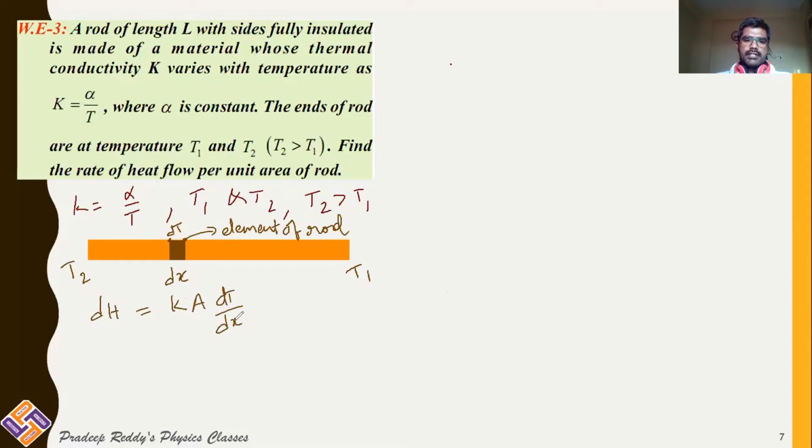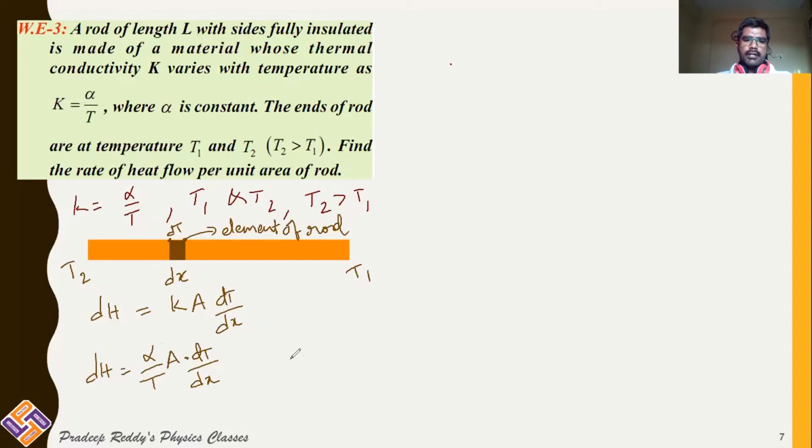A is the area of cross section, that remains the same. dx is the width of this element and dT is the temperature difference. As we know, K is given as alpha by T. I'll just write this as dH is equal to alpha by T into A into dT divided by dx. What you are supposed to find is the rate of heat flow per unit area of the rod.